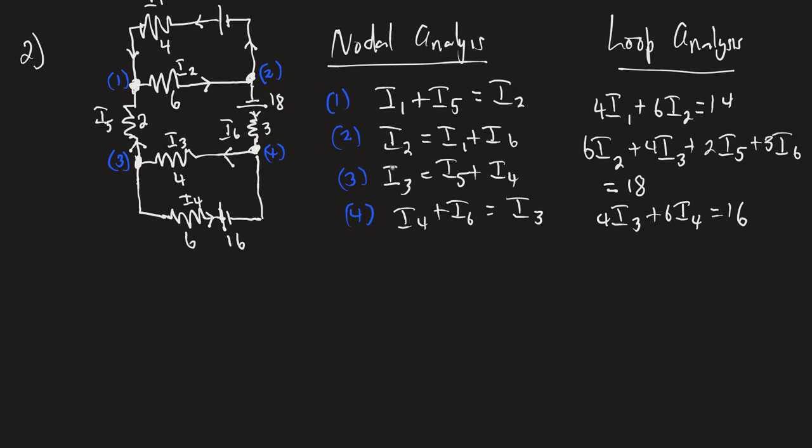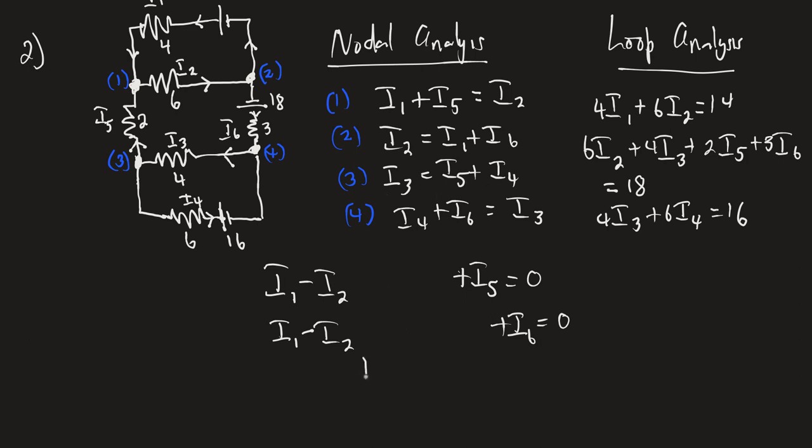So let's start with these, and I'll write these in standard form. So I have I1 minus I2 plus I5, that's equal to 0. And then here I'll move I2 over, so I'll have I1 minus I2 plus I6 is equal to 0.